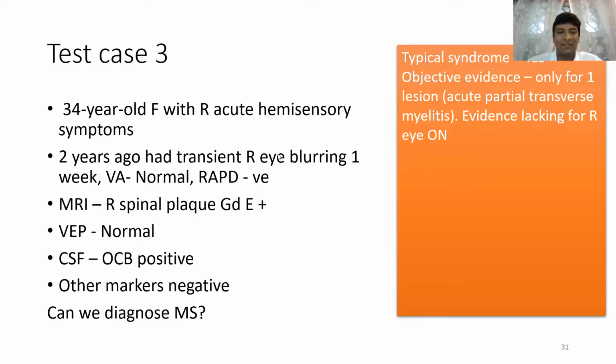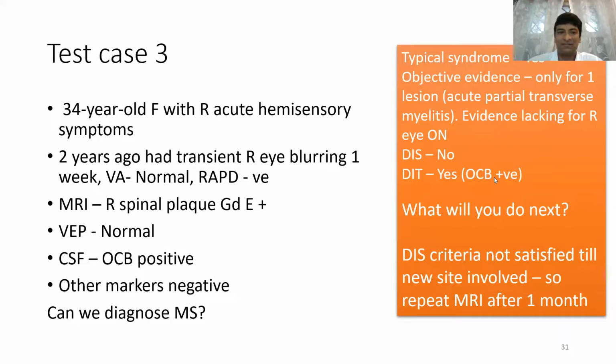Okay, so this is a patient with a spinal cord involvement and acute partial transverse myelitis, but evidence lacking for right eye optic neuritis because the VEP was normal. So the patient again does not have dissemination in space, but has dissemination time. What you will do next is wait, repeat scan after 1 month.